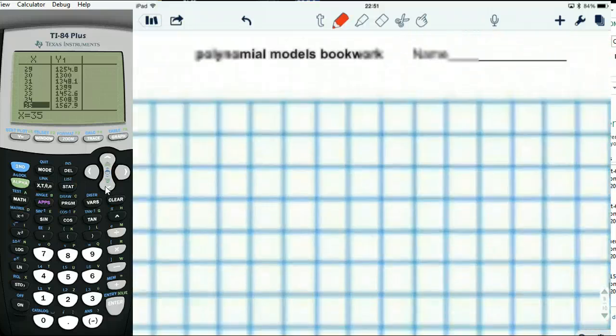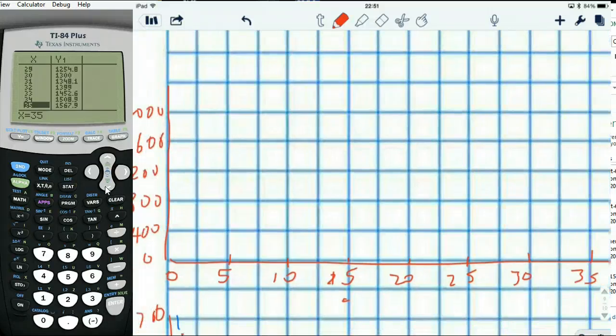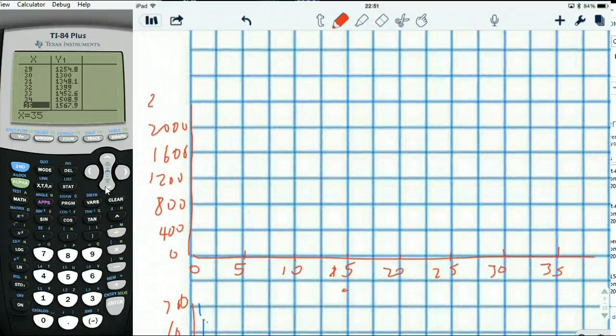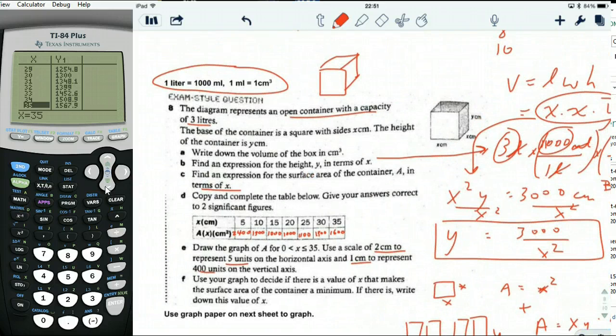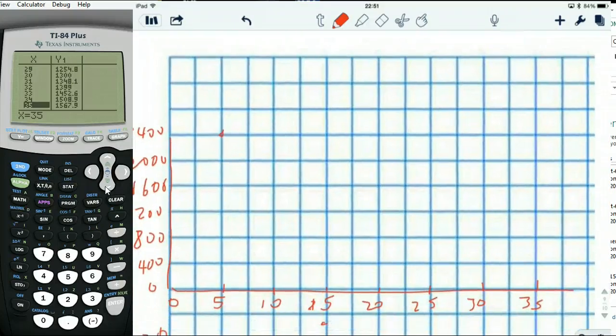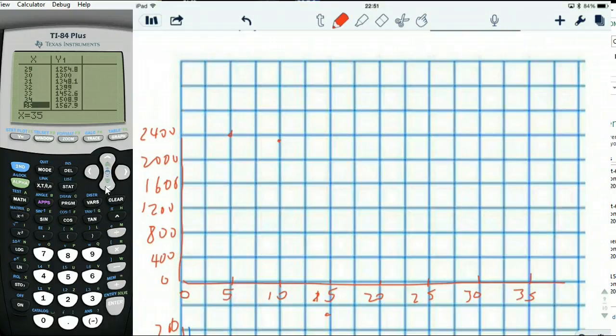And 10 would be 1300. Whoops, 1300 would be much lower, right? 1300 would be down here.